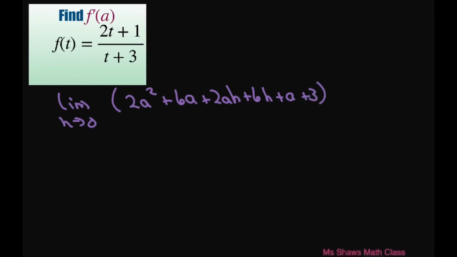All right, and the common denominator is h times (a plus h plus 3) times (a plus 3).